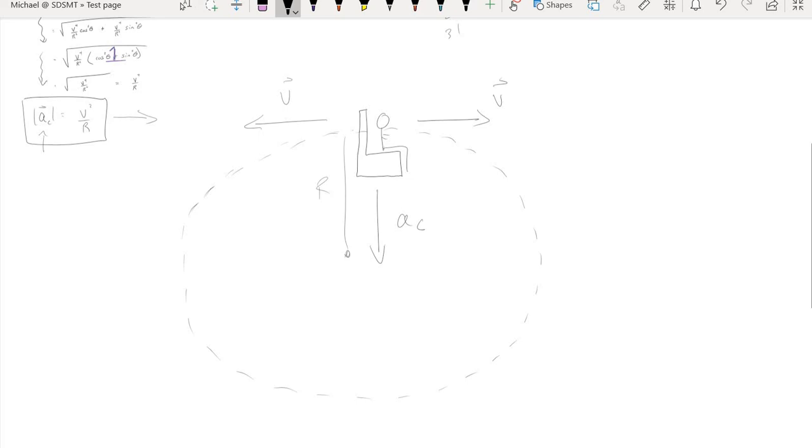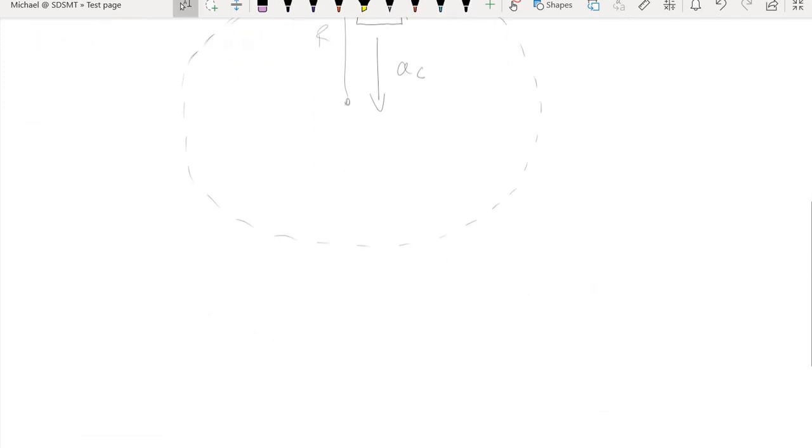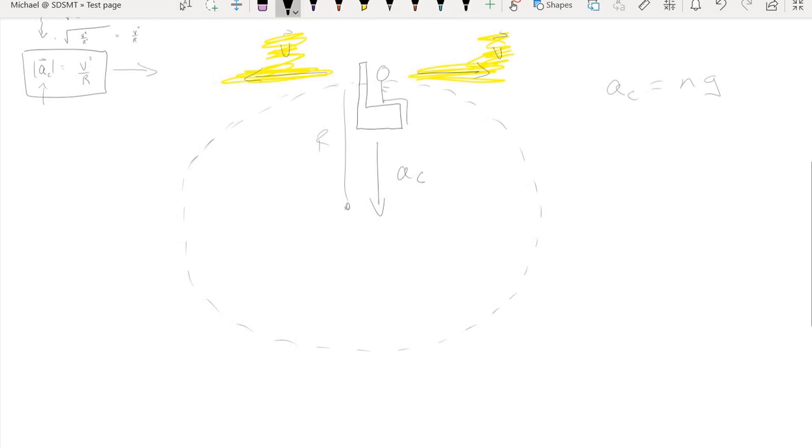So would it matter the direction that this person is traveling in terms of how many G's they can experience before they pass out? And as it turns out, people that are accelerated backwards have a tendency to pass out sooner than the people that are accelerated forwards. And there's a reason for that, and it's more of a physiological reason than anything else.